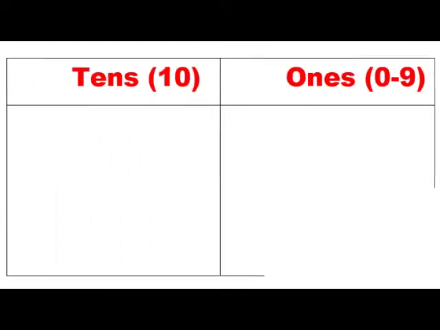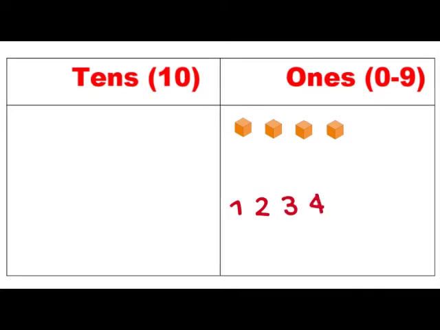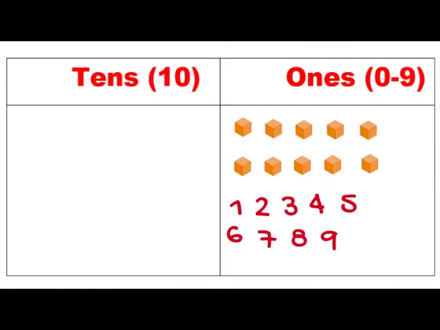I will help you understand the place value chart with the help of cubes. Let's count 1, 2, 3, 4, 5, 6, 7, 8, and 9. Can I add one more to it?